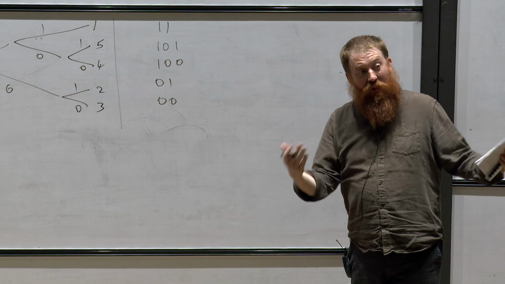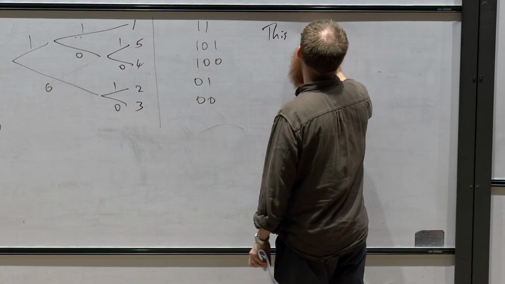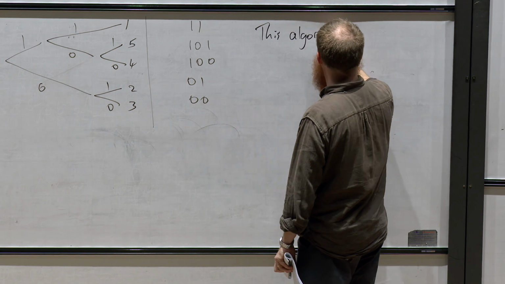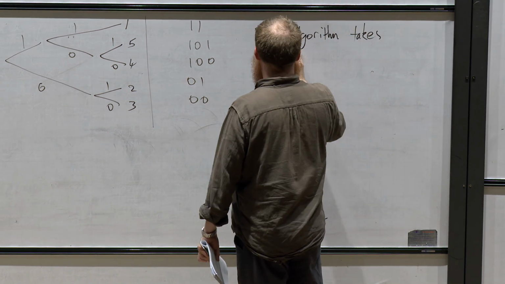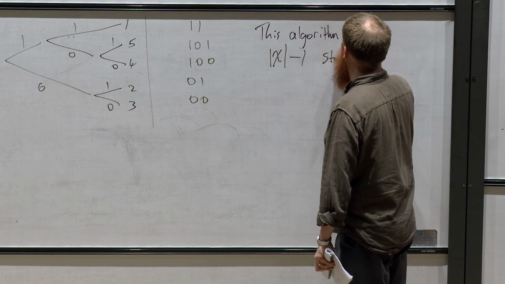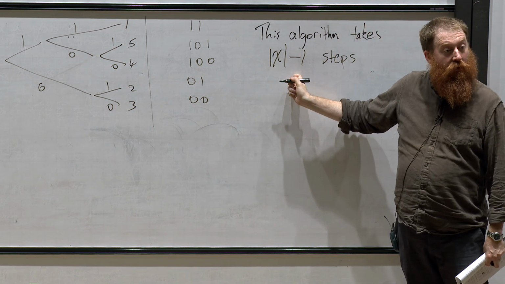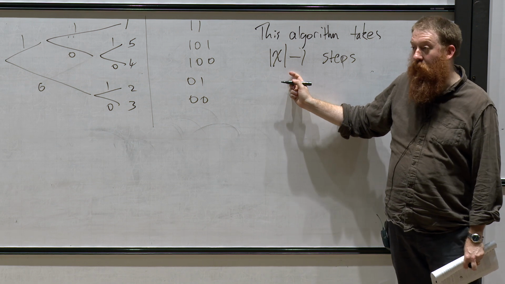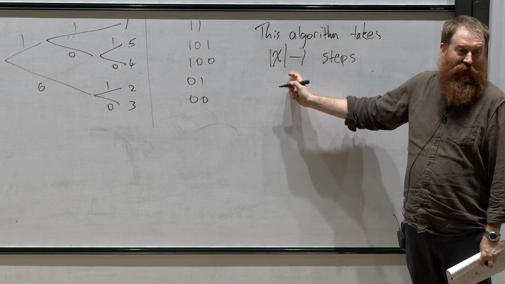It takes precisely, so this algorithm takes size of x minus 1 steps. Okay, we know exactly how long it's going to take because at every step I combine precisely 2 things.